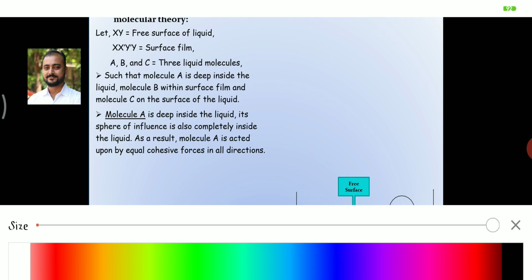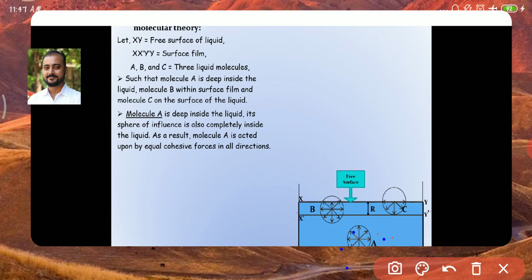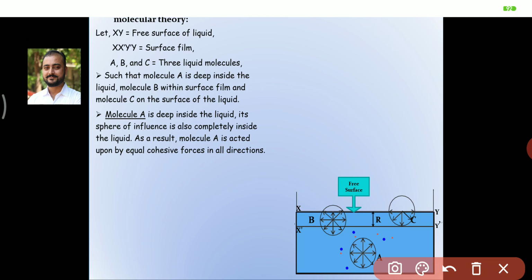And that's why a cohesive force is produced. Let these arrows indicate it, as you observe in this diagram: these arrows indicate the application of cohesive force.